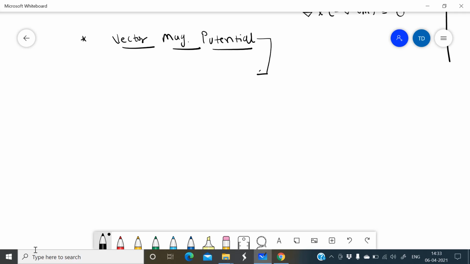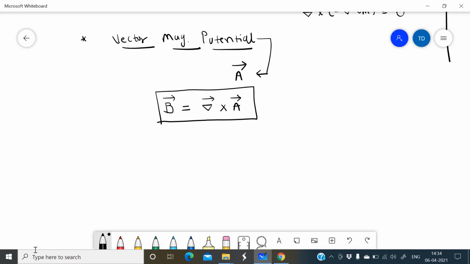Vector magnetic potential is denoted using capital A. You can denote it using any vector, but I will use the vector A. Now I will write B, which is magnetic flux density, is equal to del cross A. We just follow this equation to find the vector magnetic potential. From the vector magnetic potential we can find the magnetic flux density.